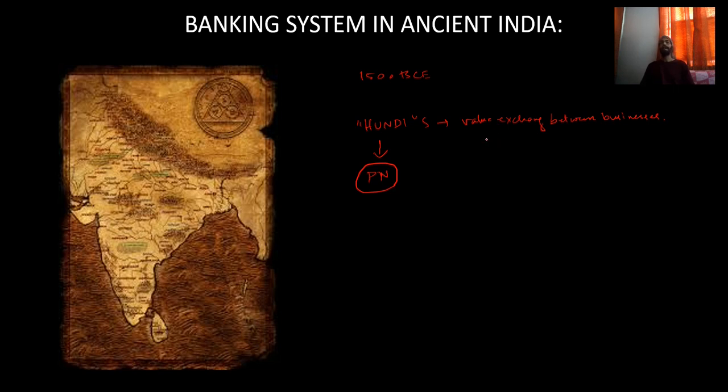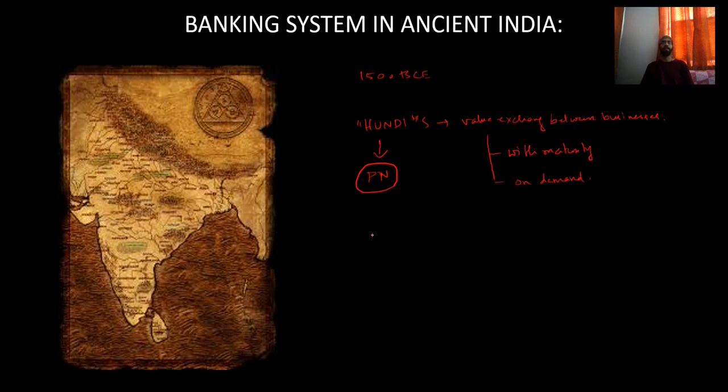And they were of two kinds. One was with maturity, that is, there was a specific time they would mature, and the other class was on demand. These are specific signs of banking in ancient India.